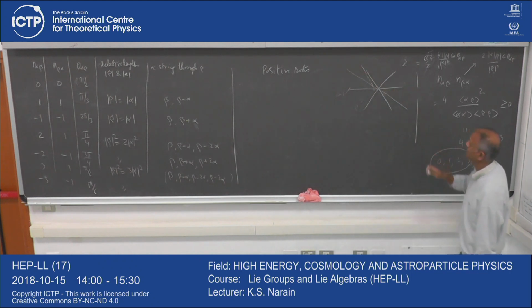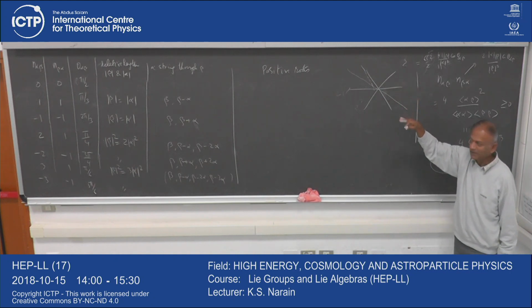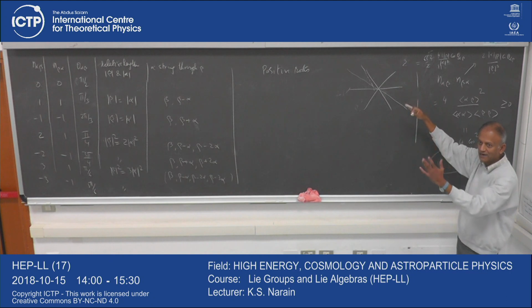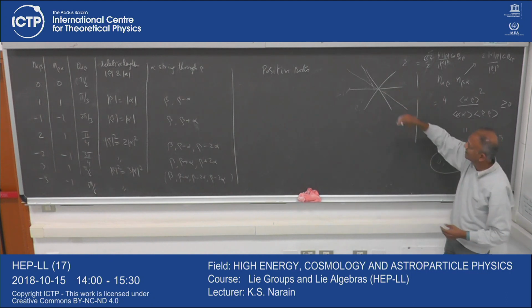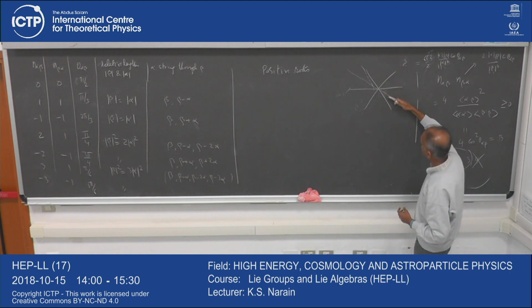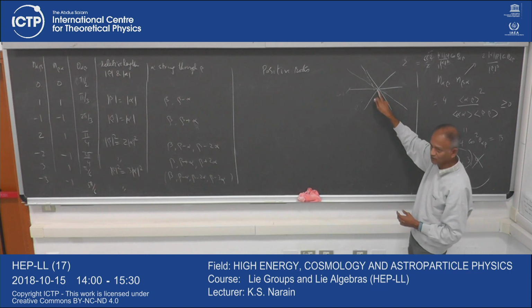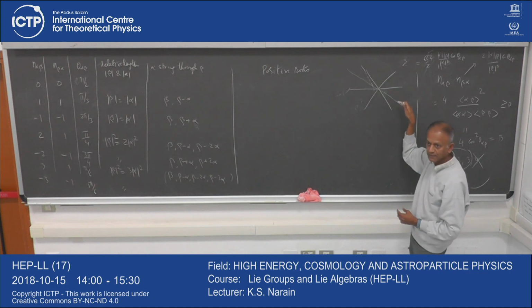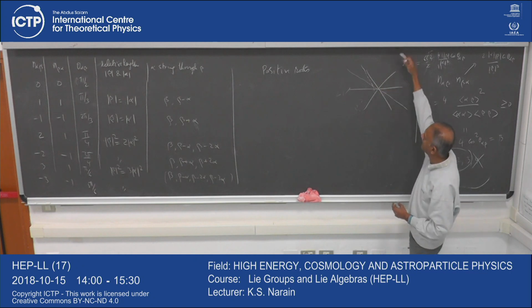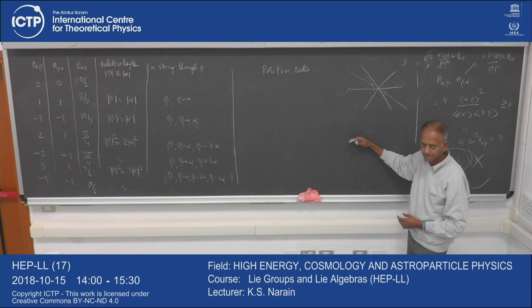Hyperplane in this case is just a line. But in a higher dimensional Cartan subalgebra, it will be some kind of hyperplane, which has the property that it doesn't pass through any non-zero roots, apart from the 0, of course. No non-zero root is lying inside this hyperplane. Then you say, one side I declare to be positive, the other side I declare to be negative.